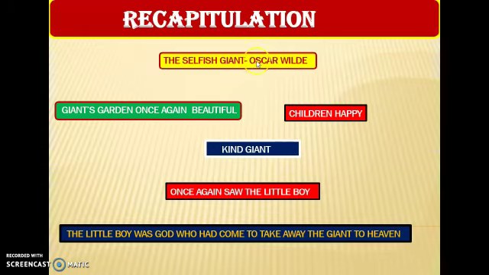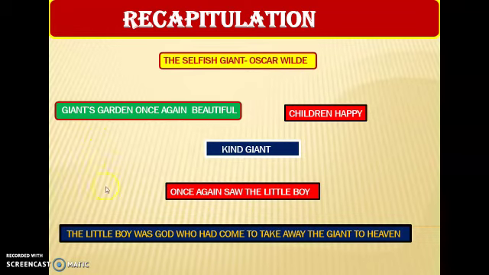So let us recapitulate the lesson. The Selfish Giant, Oscar Wilde. Giant's garden once again became beautiful. Children were happy. Giant from selfish giant had become a kind giant. But he was missing that little child. But one day he saw the little child, the little boy. And this little boy was God who had come to take away the giant to heaven.